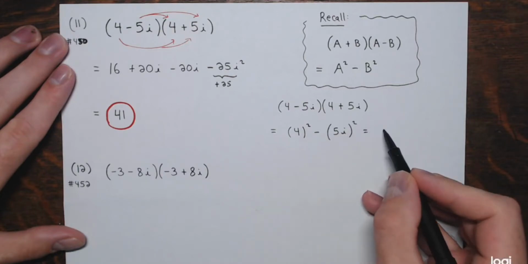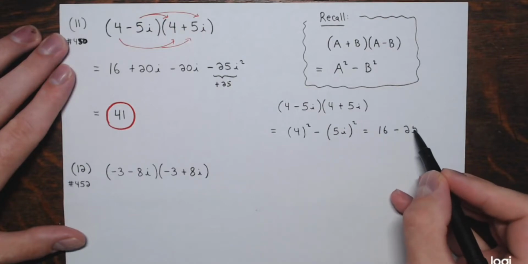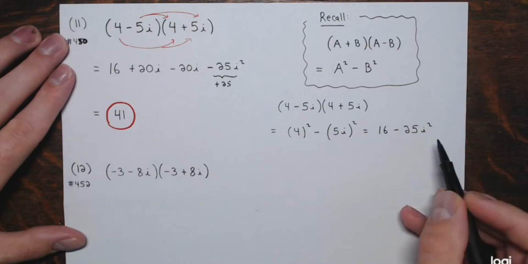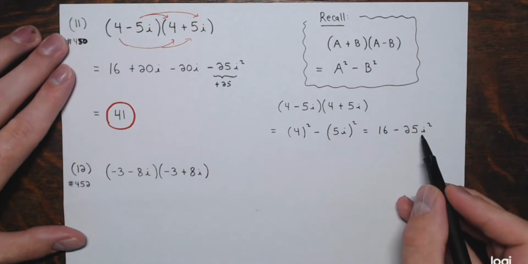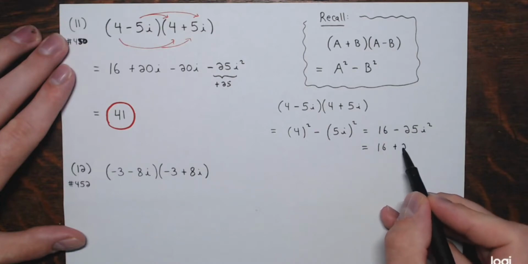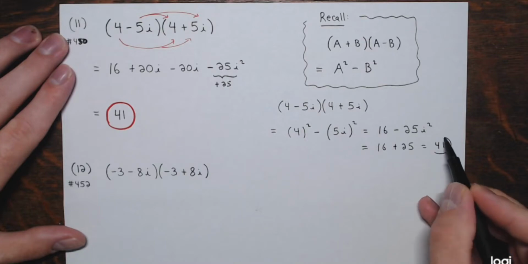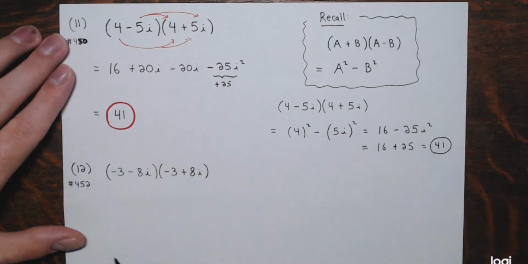Well, that would be 16 minus 25i squared. But remember, i squared is negative 1. So this ends up being 16 plus 25, which is 41. Exactly what I got earlier, multiplying it the long way.